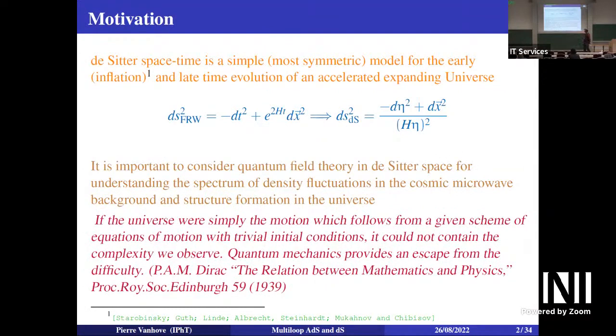The motivation from physics is that de Sitter spacetime is one of the most relevant spacetimes that we need for the cosmological evolution of our universe, and in particular for the phase of inflation, where you have this growth of the scale factor, and then you get an effective metric for the accelerated expansion of this form, which is a de Sitter form.